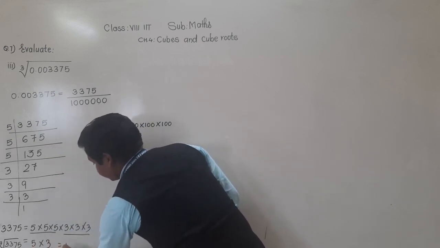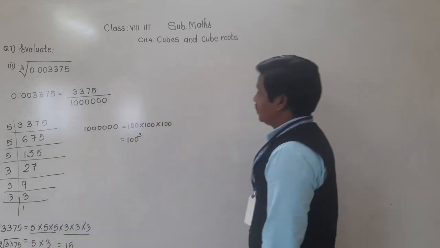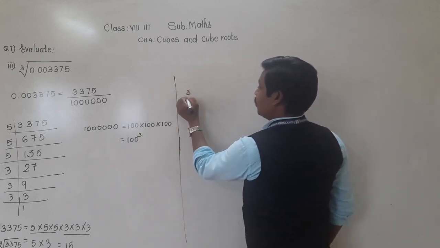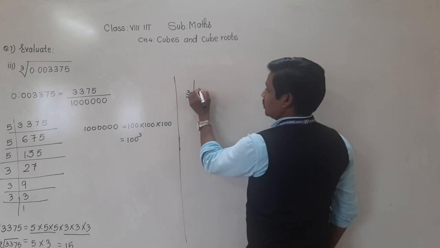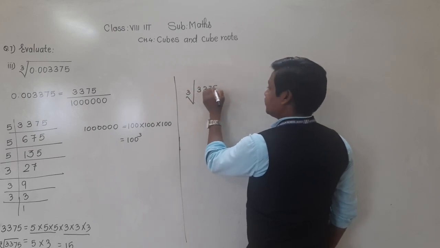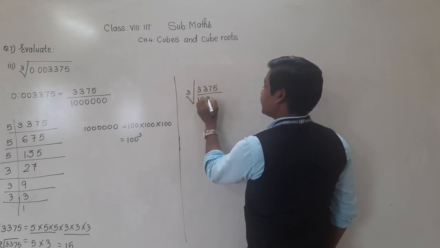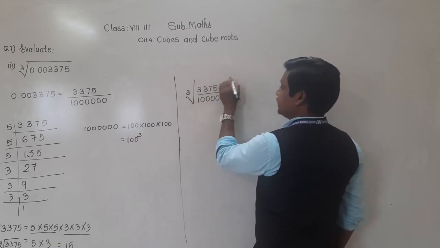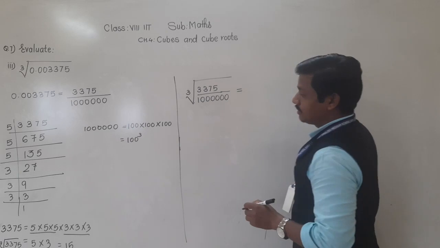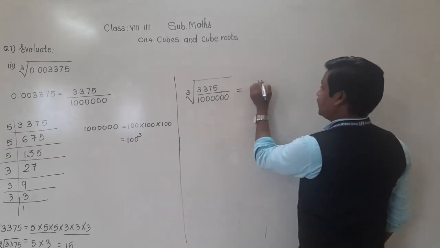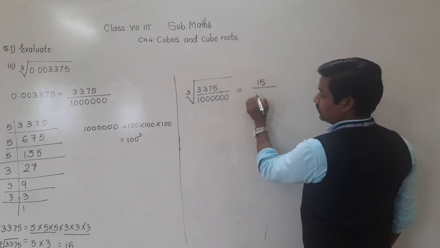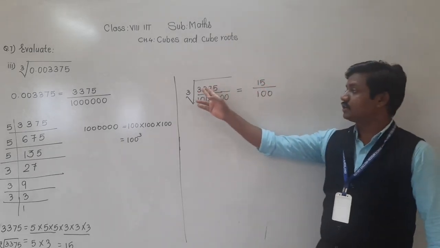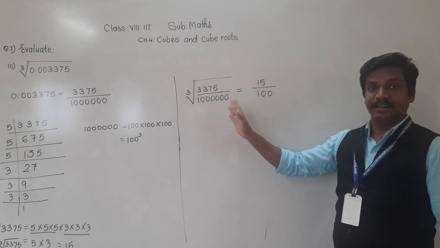That is nothing but 15. Understood? So the cube root of 3375 upon 10 lakh, where the cube root of 10 lakh is nothing but 100, is 15 upon 100.